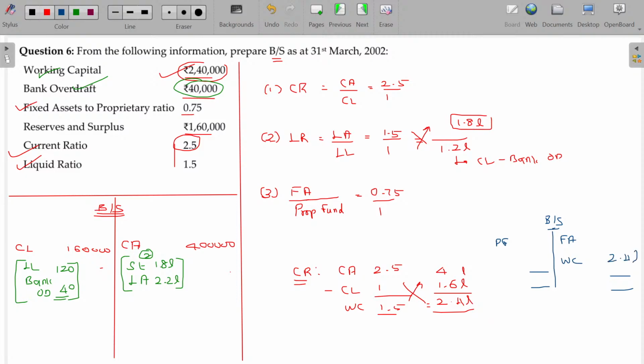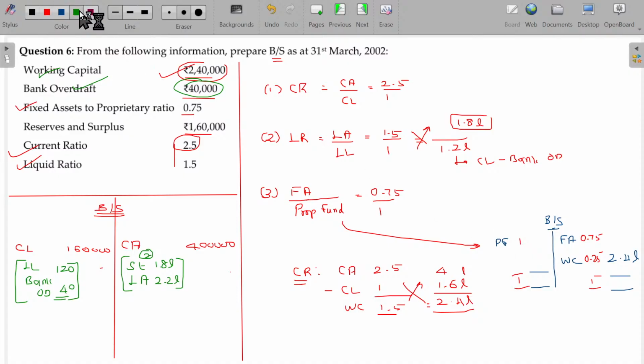Okay. Now, proprietary fund being 1 share, fixed assets being 0.75 share. Am I right? From this ratio, we can get this value. By tallying this, you will get working capital should be 0.25.